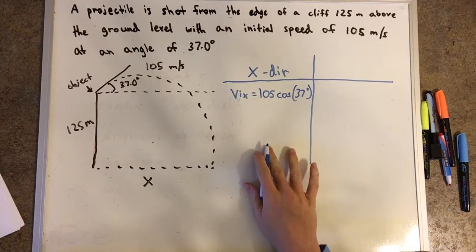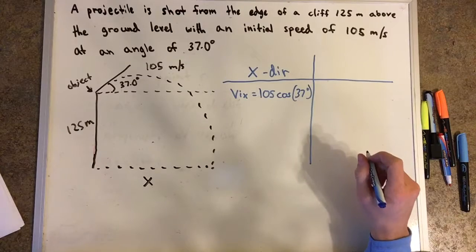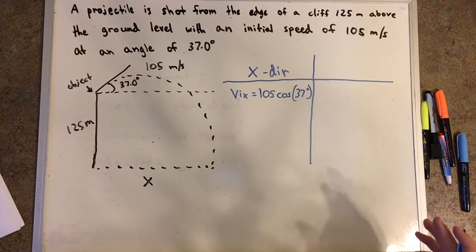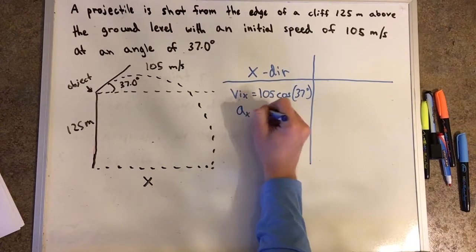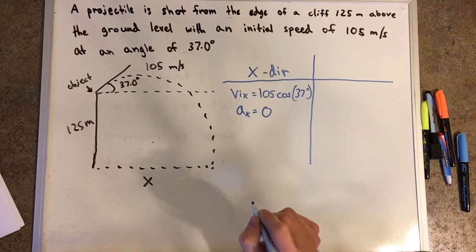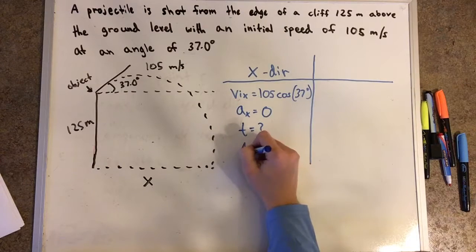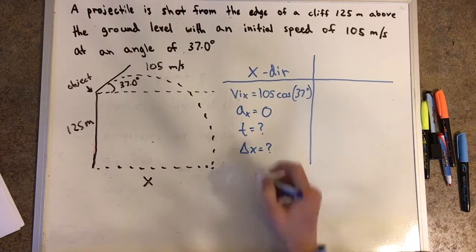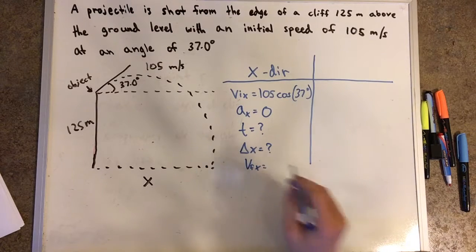We do this because from the problem, you are only given the initial speed. You need to find the velocity for the rest of the trip of the object. Acceleration in the x direction is 0. Time unknown. Delta x, which is here, also unknown. And final velocity of x, unknown as well.